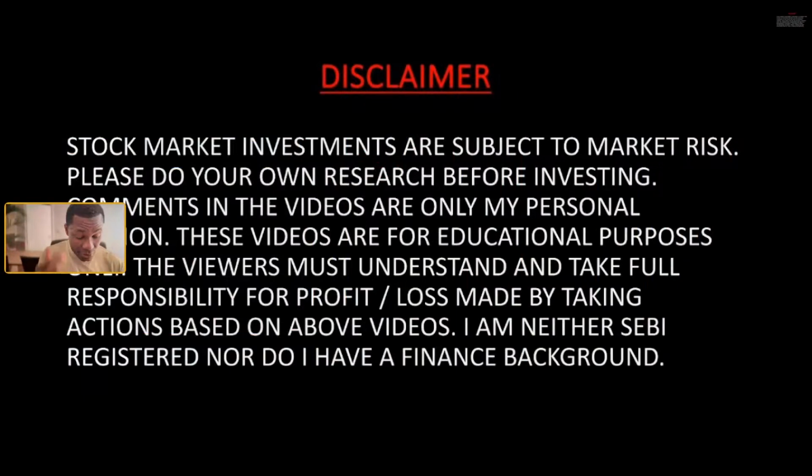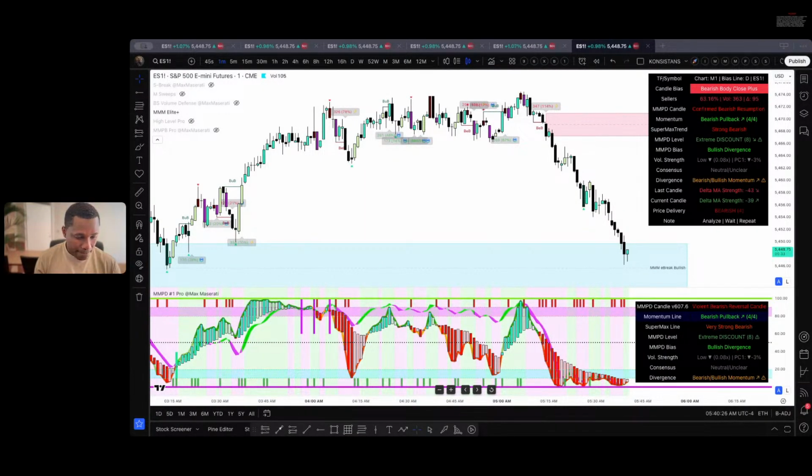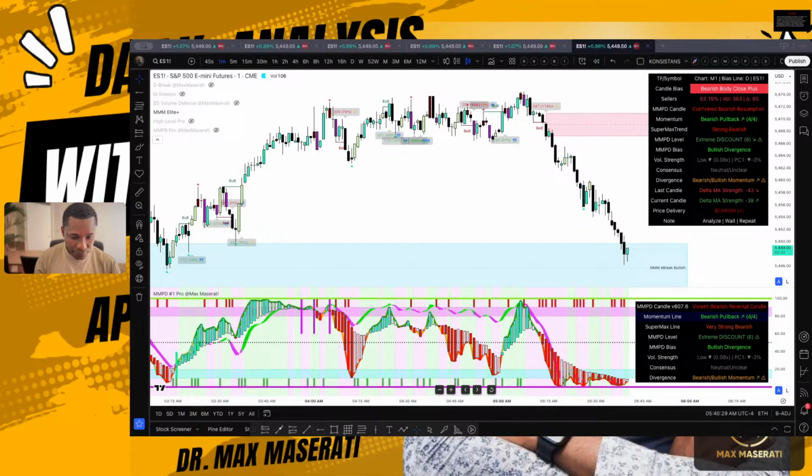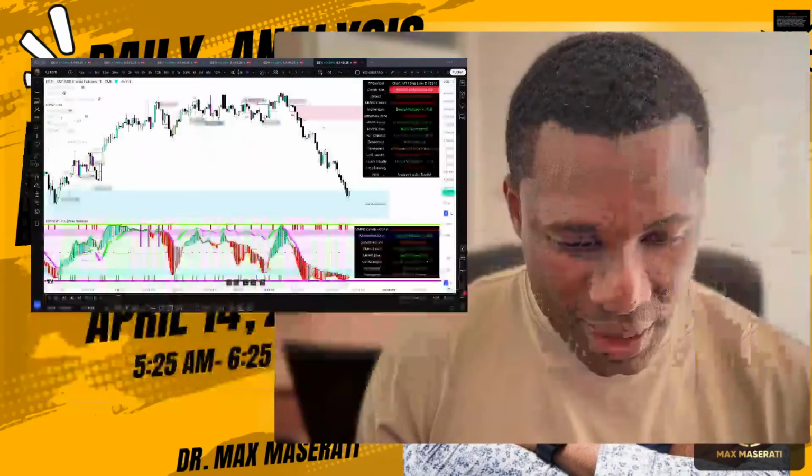Both of these indicators will mostly be for... anyway. First, we need to start with our daily chart, not daily chart.